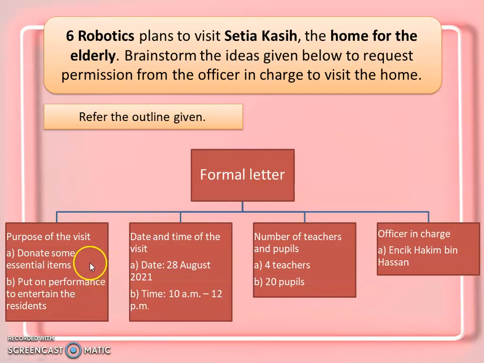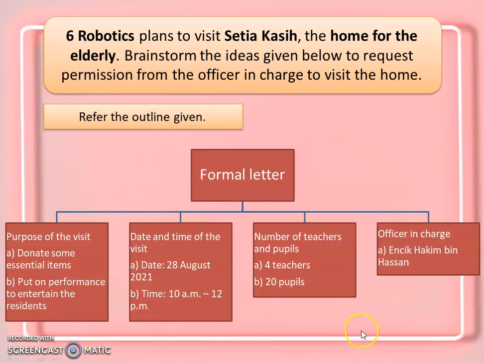So point A and point B is the reason for your visit to Setia Kasih. Okay, and you mention it later in the body of the letter. Okay, next, the date and time of the visit. For example, date 28 August 2021. Time from 10 a.m. to 12 p.m.